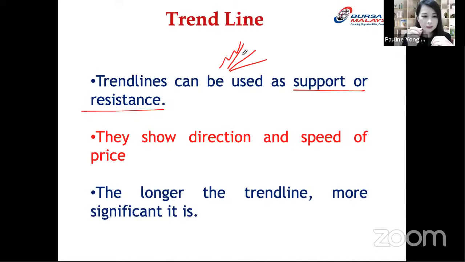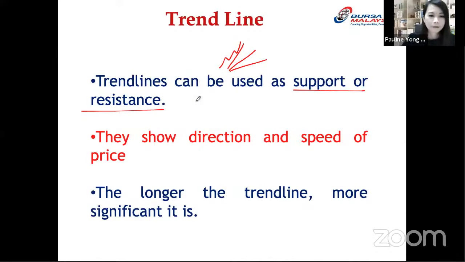However, if you are drawing a shorter one, what happens if you violate a 3-year trend line? Compared to a few months, maybe 6 months or 4 months. That is why when we talk about the trend line, the longer the trend line, the more significant it is.